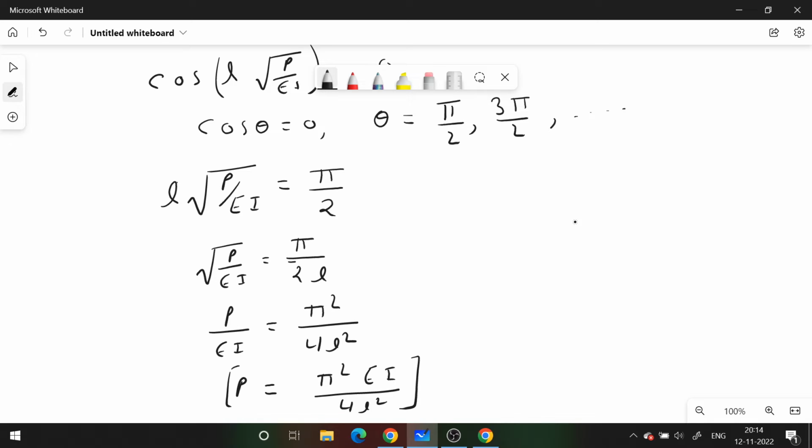So this will be the crippling load for a column whose one end is fixed and the other end is free.